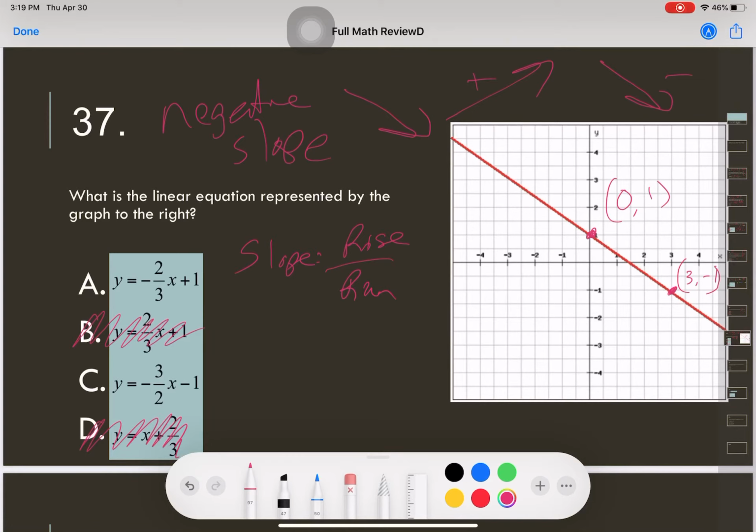So if I go down 1, 2, my rise is negative 2, and then my run, 1, 2, 3. So negative 2/3. There's only one that even fits that. Plus, the plus 1 tells you that it crosses at positive 1. Guess where it crosses? Positive 1. So that's that one.